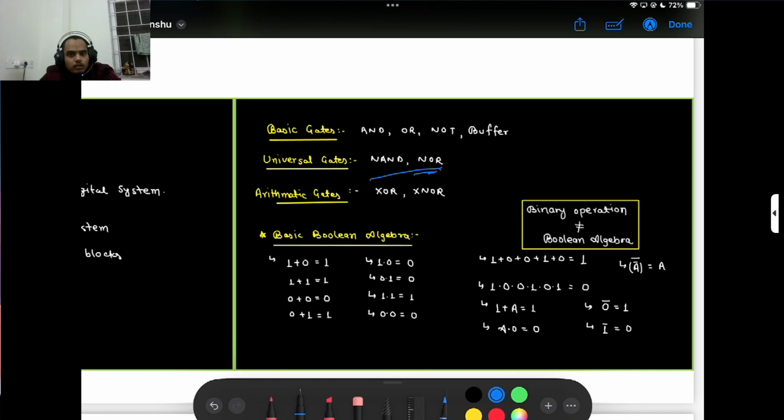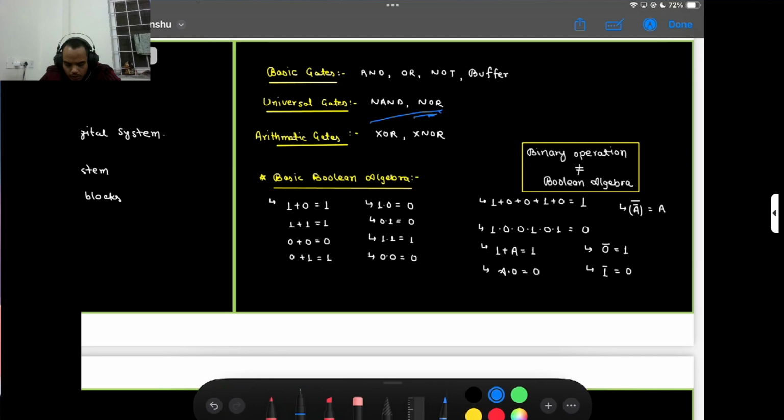And arithmetic gates, basically for arithmetic operations, we use these gates: XOR and XNOR. And the basic Boolean algebra concept: in an OR operation, 1 OR 1 is 1, 0 OR 0 is 0.